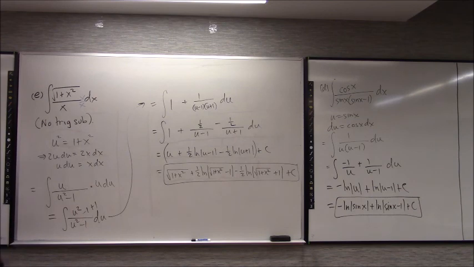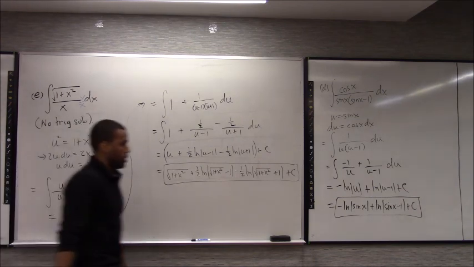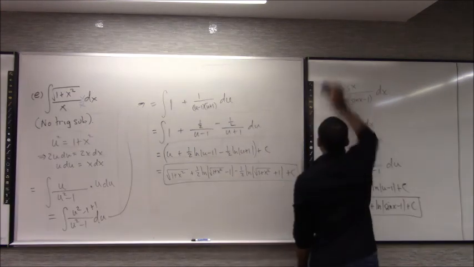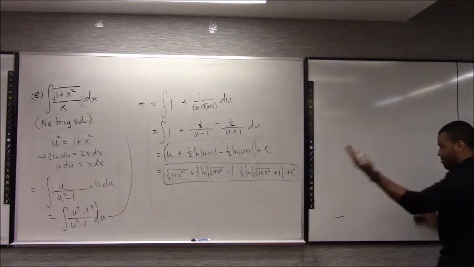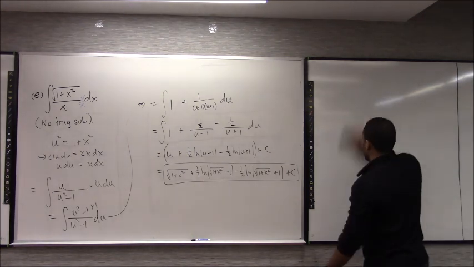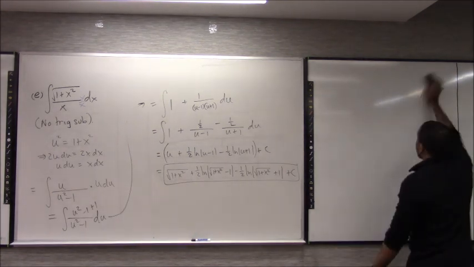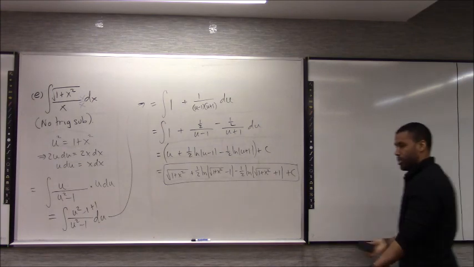And you can compare this to the trig sub version of the solution. Personally, I prefer this way, but it's up to you. If you prefer the trig sub way, no problem at all. Just do it that way.